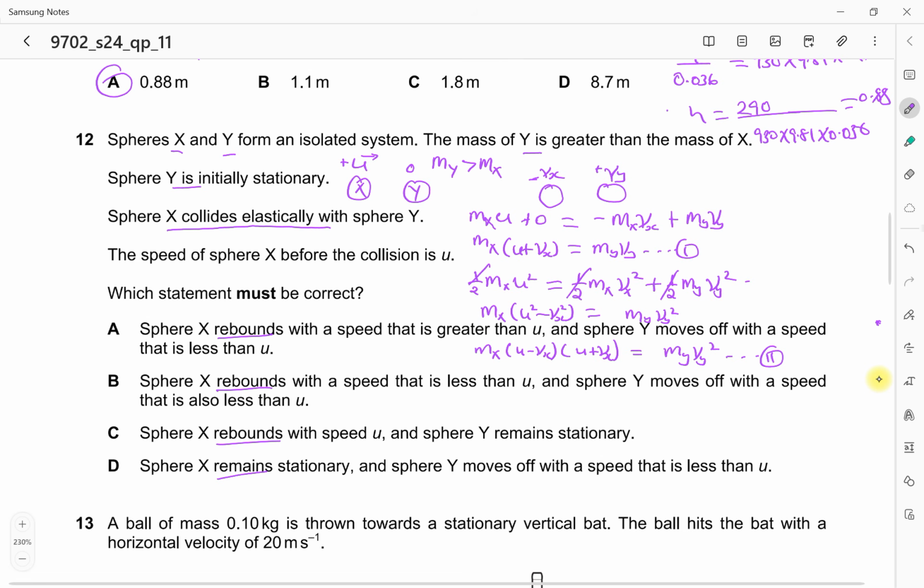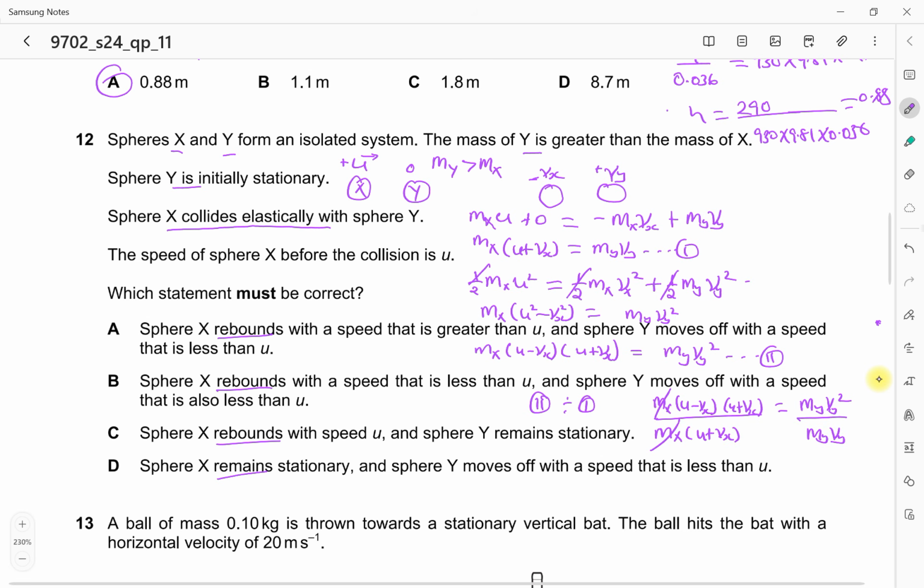So I'm going to consider equation 2 divided by equation 1. When I divide, I have mx into u minus vx into u plus vx equal to my vy squared, divided by the first equation, mx into u plus vx equal to my vy.